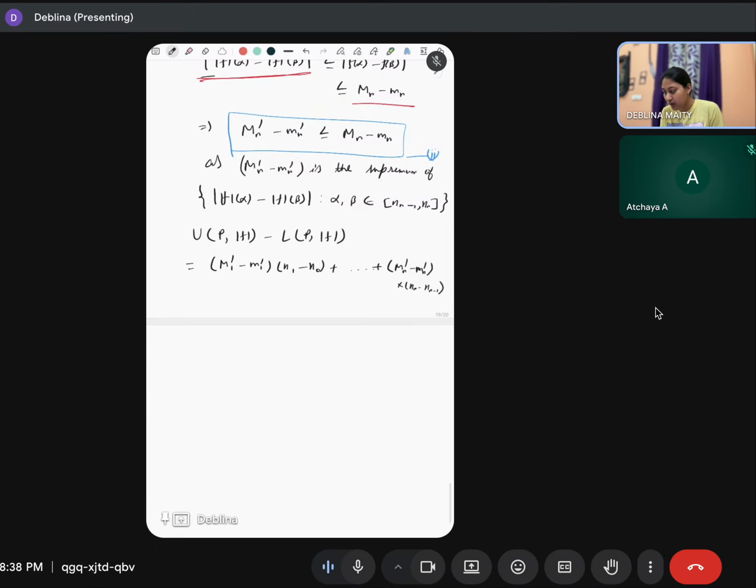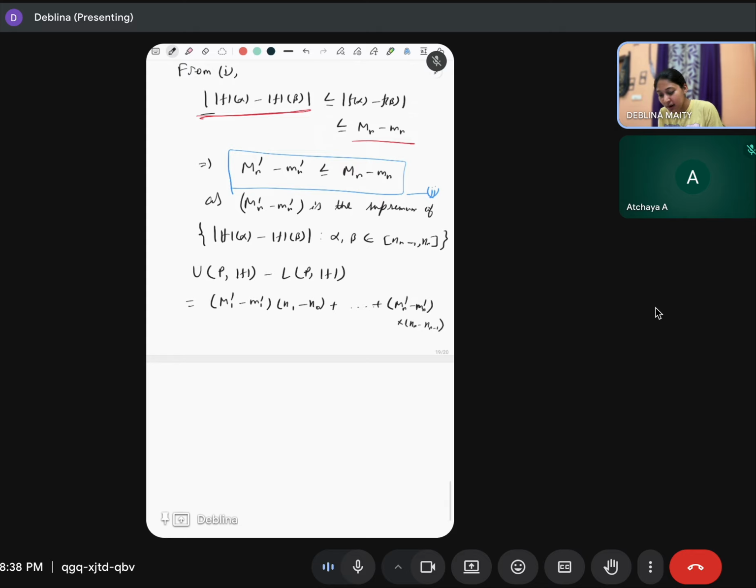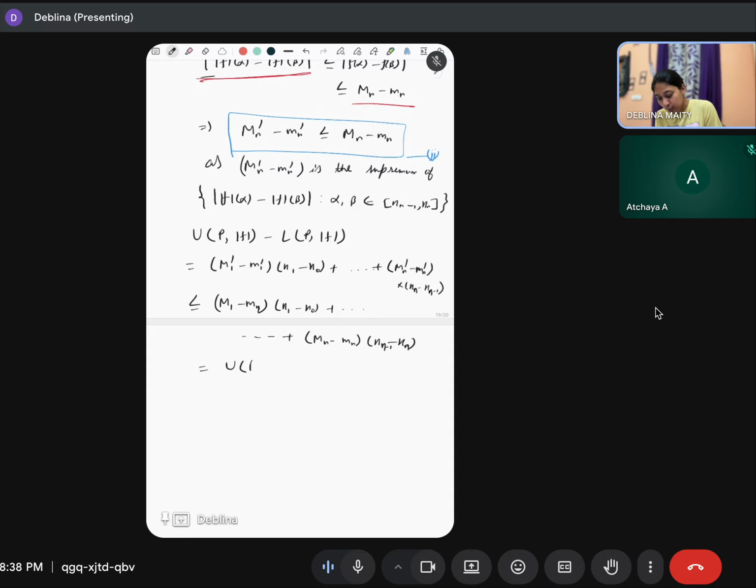Now from 2, this M_r dash minus small m_r dash is less than or equal to M_1 minus small m_1 over x_0 to x_1, up to M_n minus small m_n over x_{n-1} to x_n. And this number is U(P, f) minus L(P, f), because capital M is the supremum of f(x) in this interval.